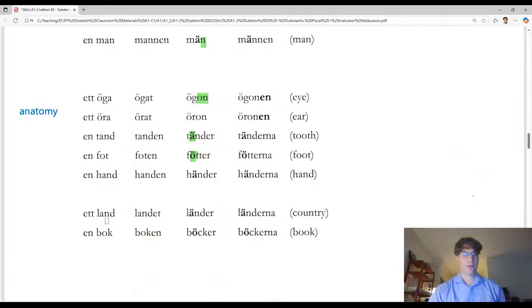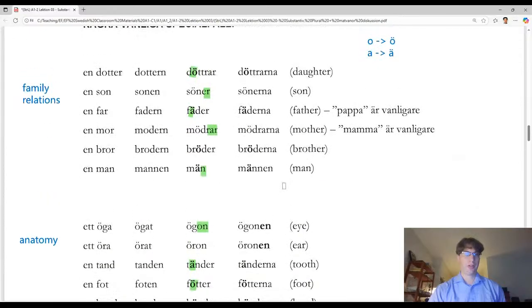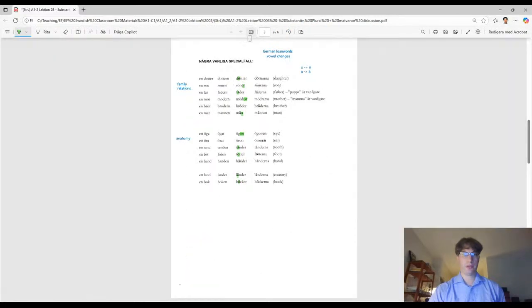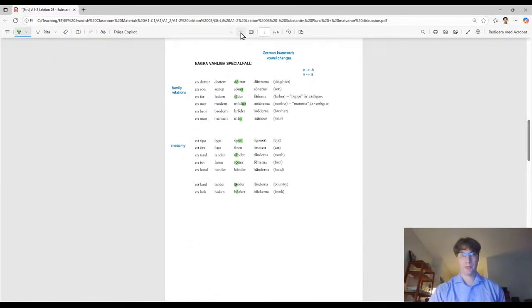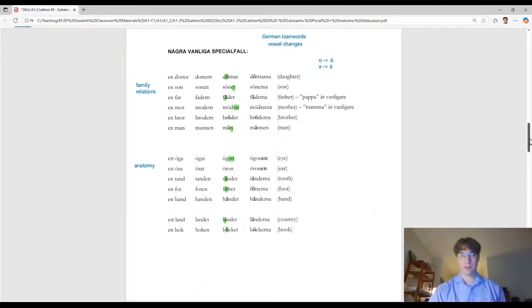And you also have a few other items that we have gotten from the German language, like ett land, många länder. En bok, många böcker. With a vowel change. So there are a few of those to consider, and they are good to know as you get into the Swedish language here.